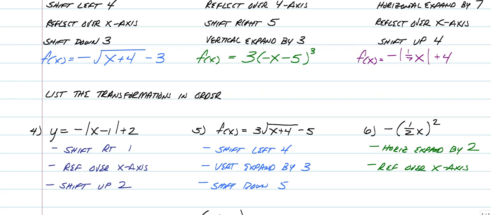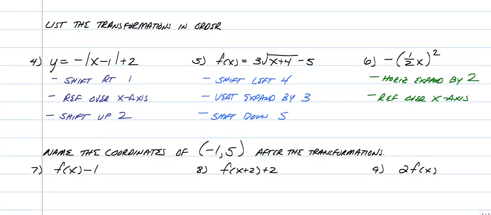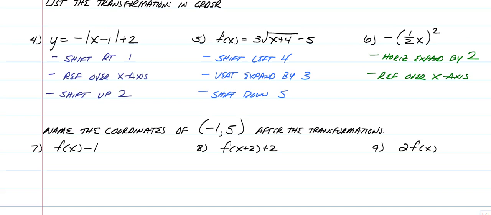That is how you work with transformations. When you are given a coordinate and you have to do that, you think about what's being done, and then you just work with that point. This is basically telling us that we are just going down 1, which of course would apply to our y value.